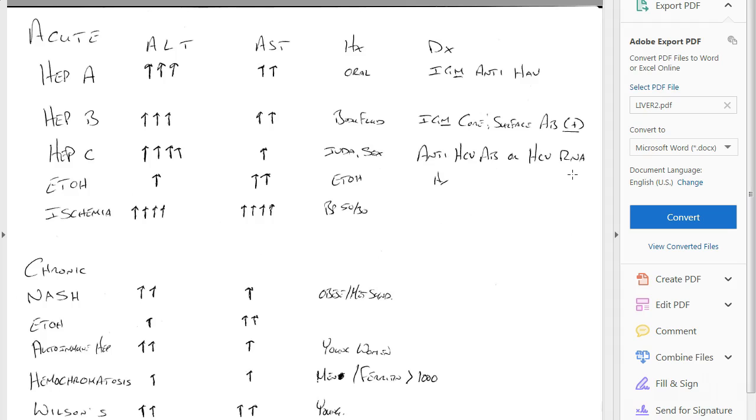These people are pretty stinking miserable. Just imagine, huge insult to the liver. Huge, right? Look at that elevation right there. Sky high. These people feel like junk. They are dragging butt. They'll be complaining of fatigue. They may or may not walk in looking like a Chiquita banana. You may find icterus, overt icterus somewhere during your physical examination, but they will feel like absolute junk.